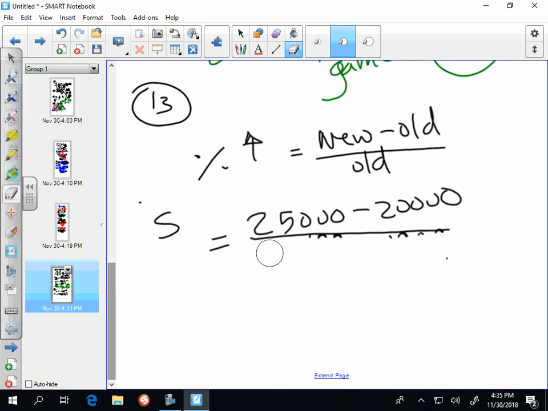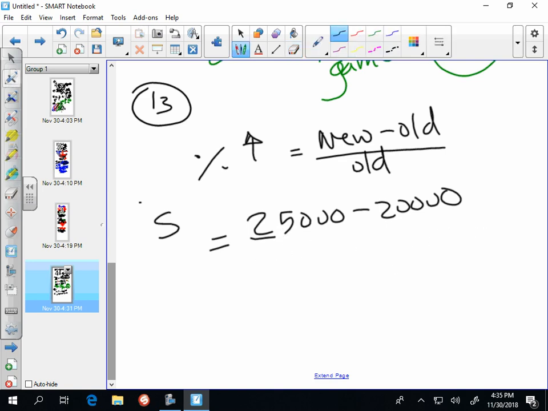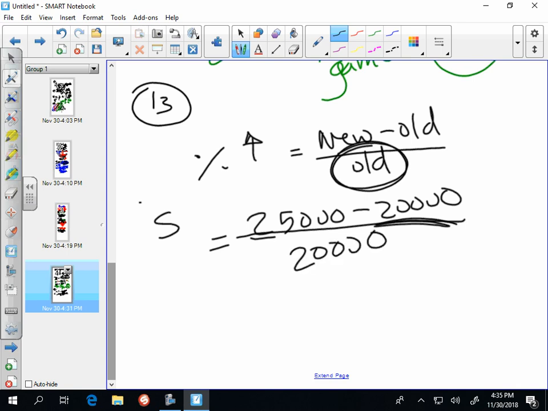I'm supposed to be doing new minus old over old, not the slope formula. Remember, we're looking for that old number, that 20,000. That's what we want on the bottom. So we still have 5,000 on top, but on the bottom we have 20,000, and so that turns out to be 1 over 4, or 0.25.